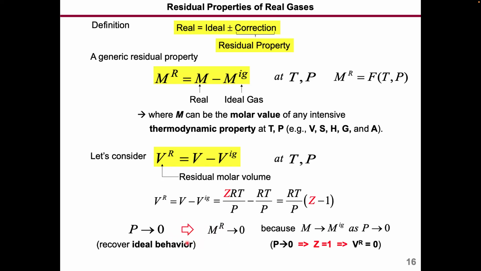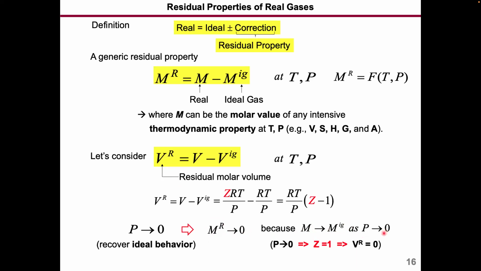So when you recover the ideal gas behavior, that means your residual property goes to 0, because your real property actually recovered the ideal gas behavior when your system pressure is going to a small value.